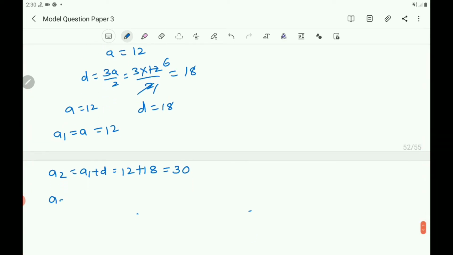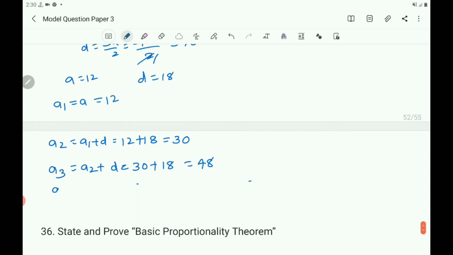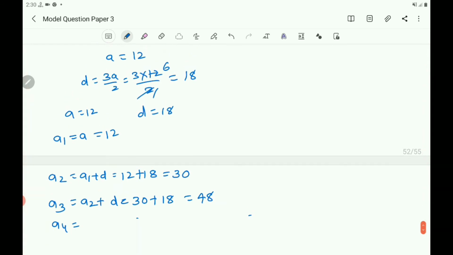Next A3 equals A2 plus D. A2 is 30, 30 plus 18 is 48. A4 equals A3 plus D, that is 48 plus 18. 48 plus 8 is 56 plus 10, 66. 48 plus 18 is 66.